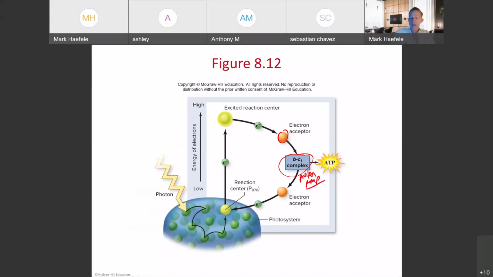And instead of being linear, so what we're going to focus most of our time on is linear, but we're just going to clean up the cyclic thing. In cyclic, the electrons get dumped onto an electron acceptor, which then dumps those electrons back into the reaction core. So you take the electron, wring out all the energy that you absorbed in that electron, and return that electron back to the reaction core.